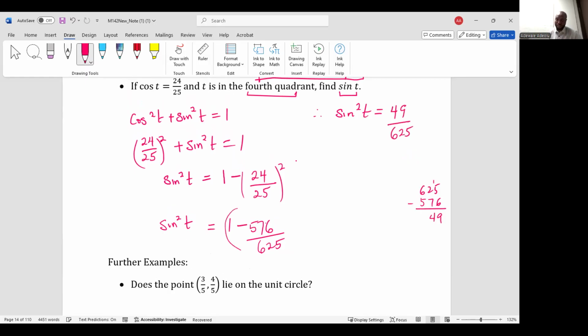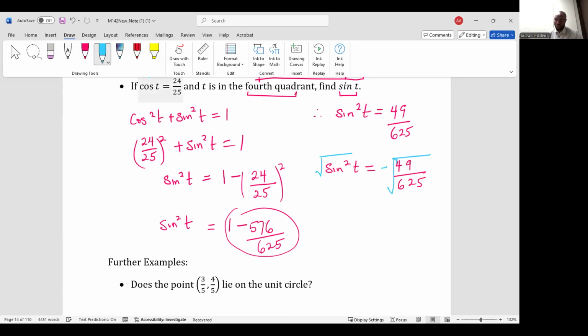So if you carry out this fraction, you should have that. You can square root both sides because you're looking for sine of t. So if you do that, then you introduce plus or minus.